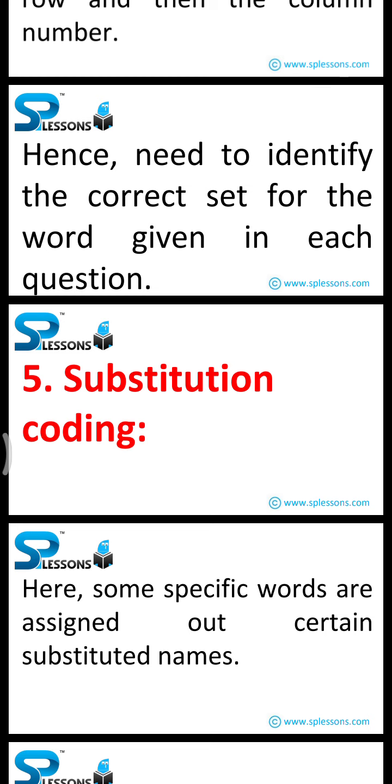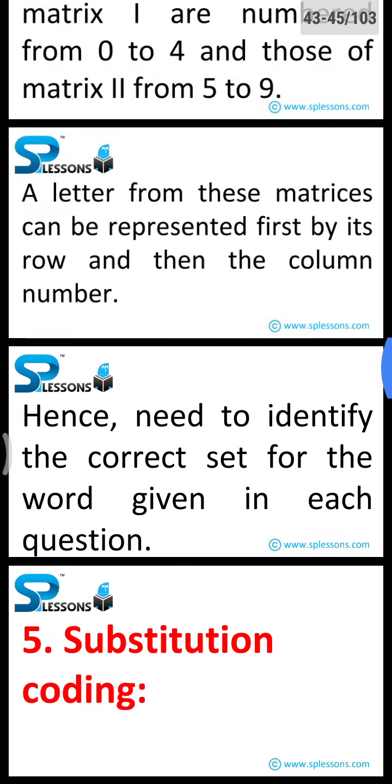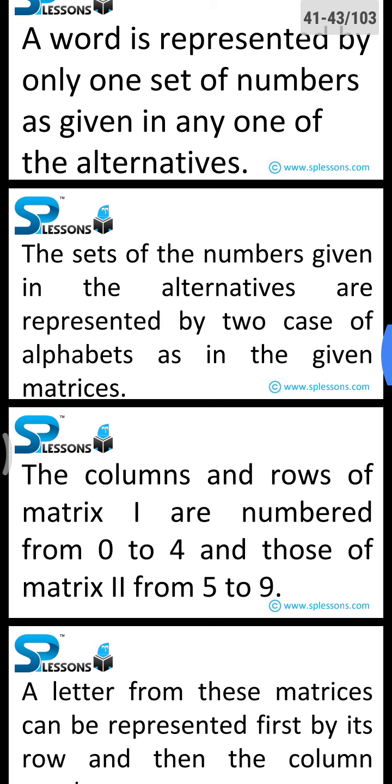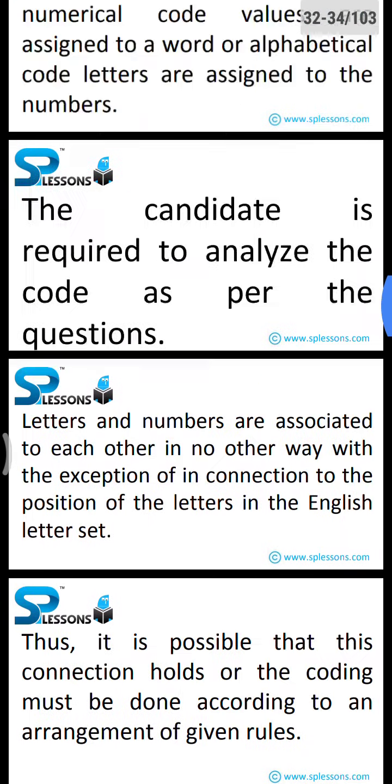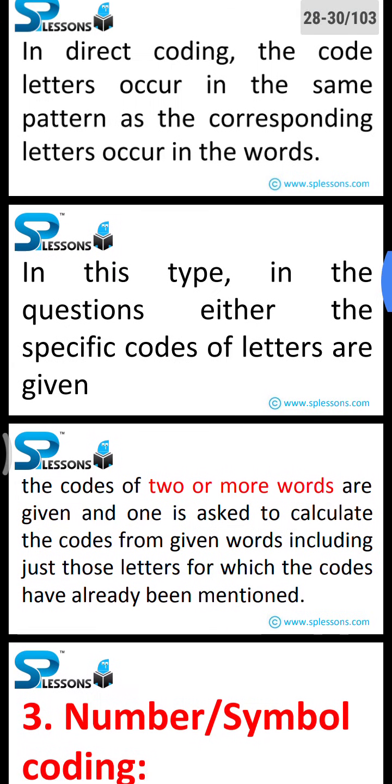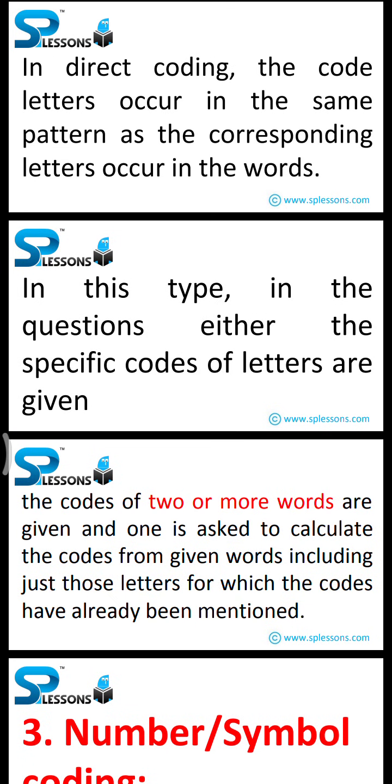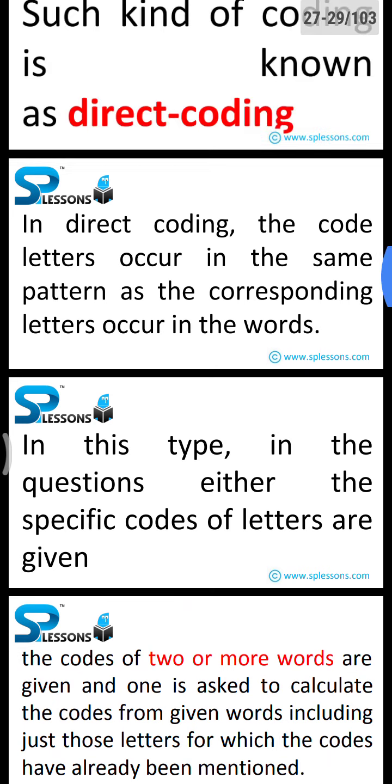If it is, suppose, for 5 to 10 marks, you can score a maximum of 4 to 5 marks, if you are very confident and very clear about the coding and decoding concept. And if you have a clear grip on the types of coding and decoding, you can easily identify what type of questions have been asked in that exam and how you need to answer that question.